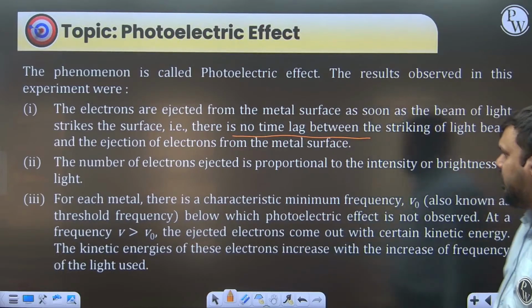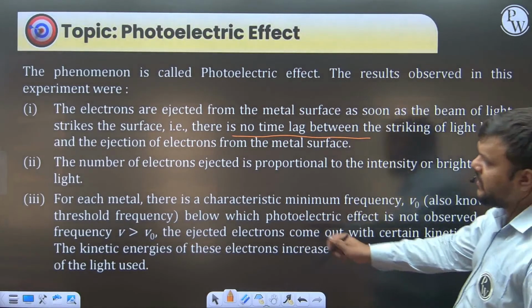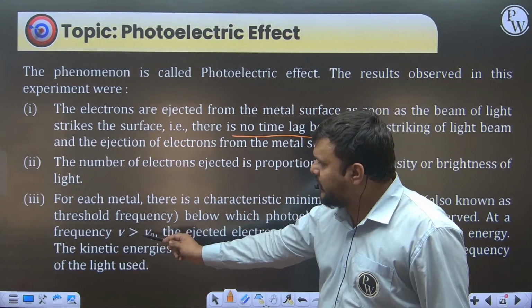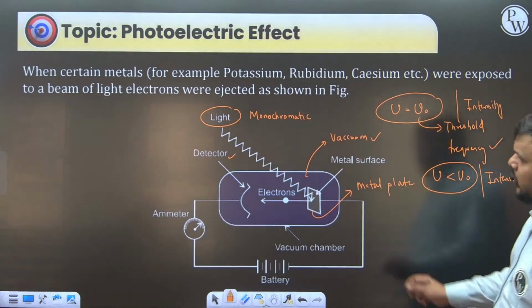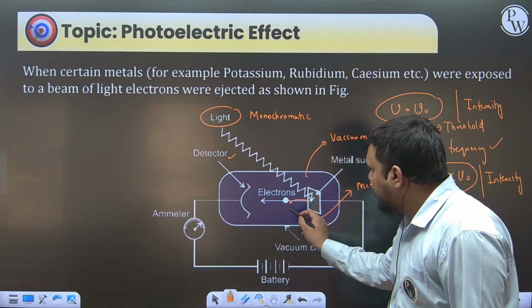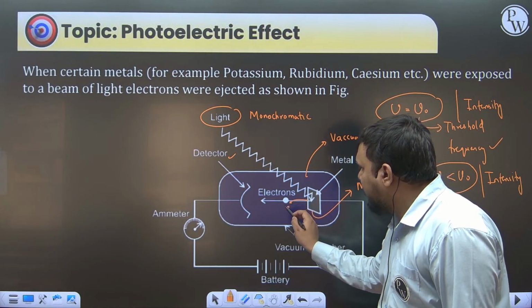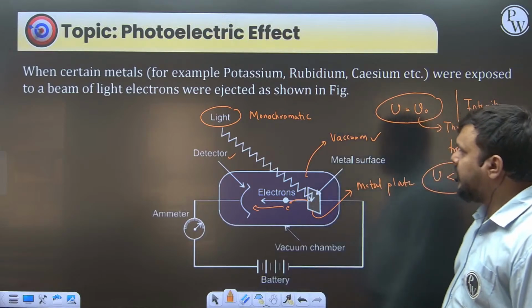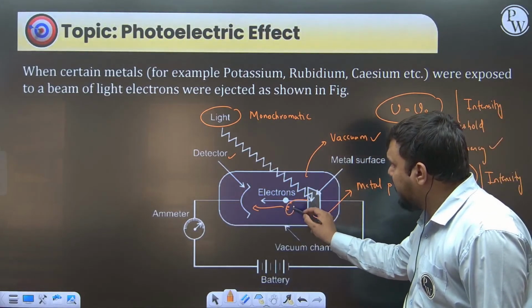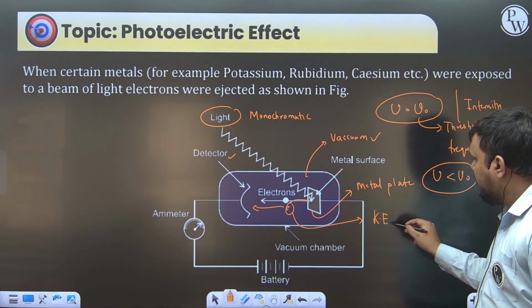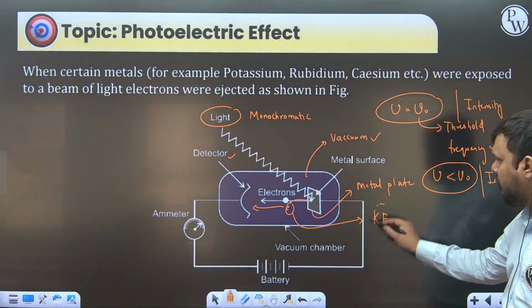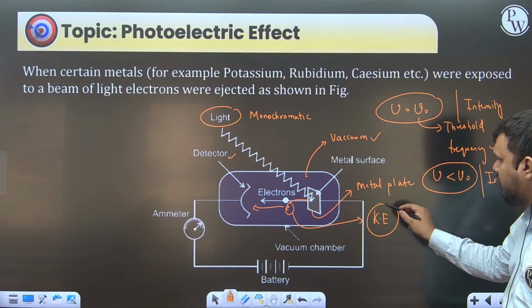One more point over here: when the frequency was increased to a value more than the threshold frequency, what happened? This time the electron was ejected and it got accelerated towards the detector. Initially it had some kinetic energy, and what will this kinetic energy value be?